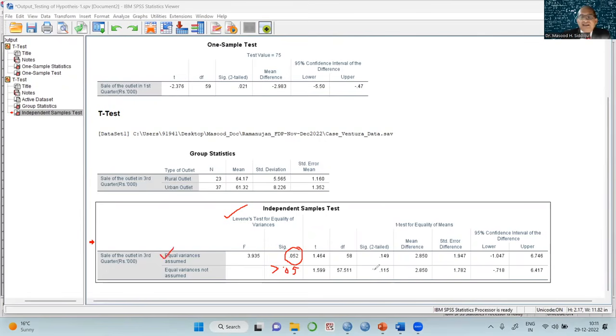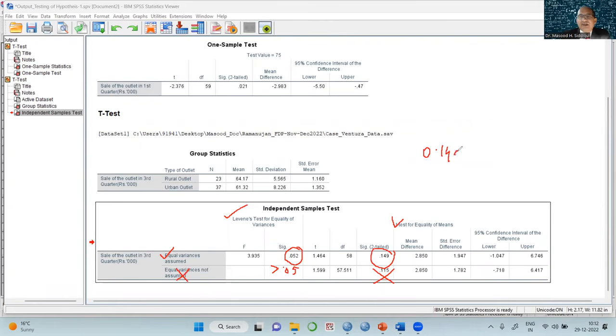And the other value, that is the unequal variance, has no consequence here, right? So we will be interpreting this value only for the t-test. And remember, this value is 0.149.